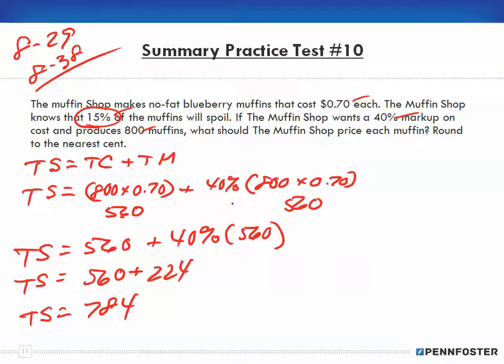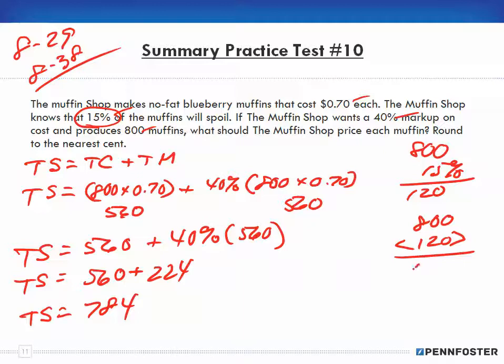Now, we know that we're not going to sell 800 muffins. 15% of those will spoil, they'll go bad. So 15% of 800 is 120. So 800 minus the 120 muffins that go bad means they're going to sell 680 muffins in total.